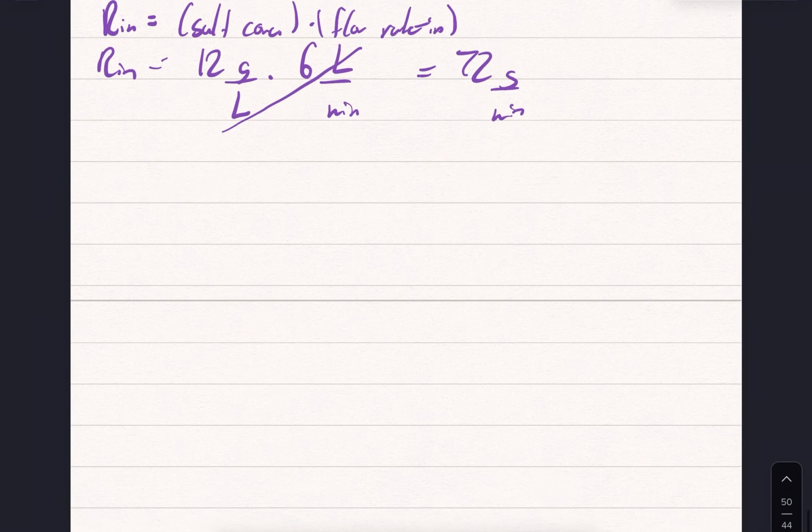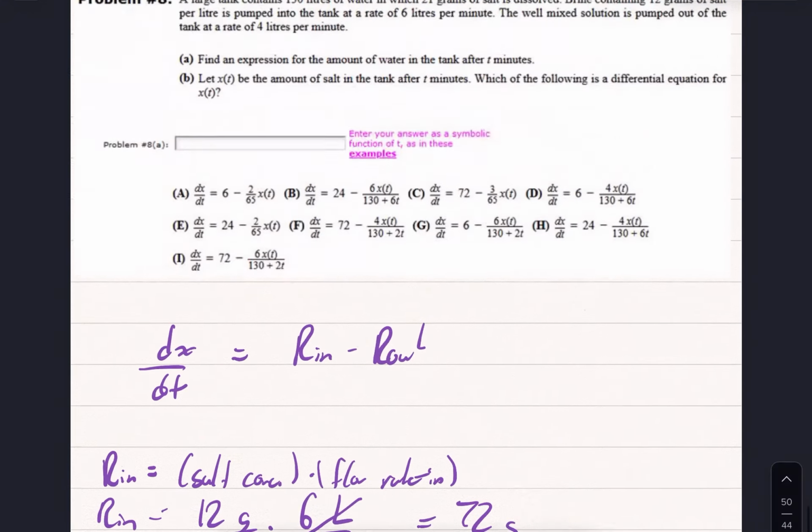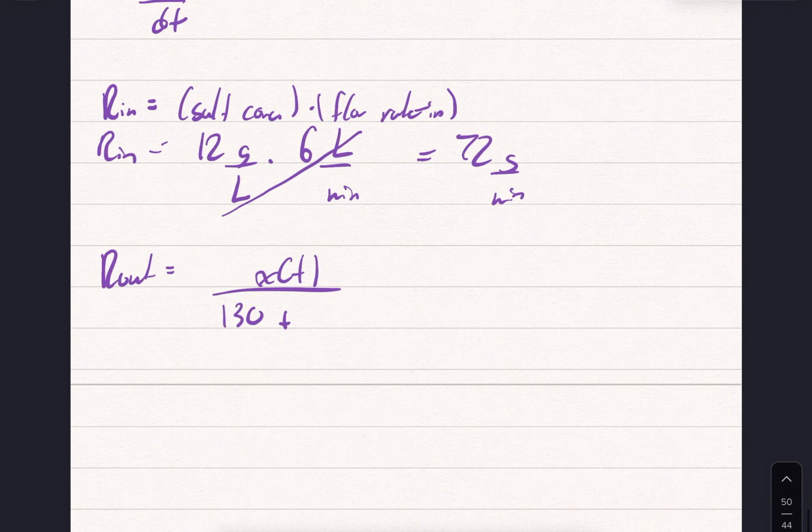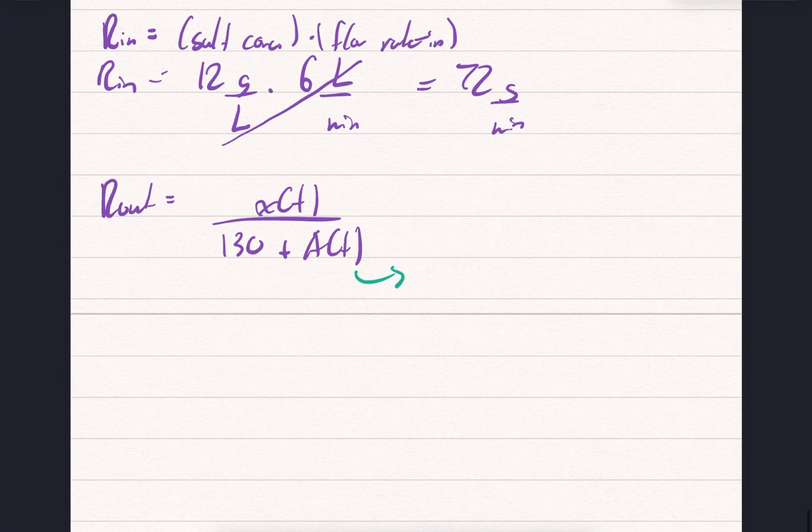All right, now the rate out is what's important. X as a function of t over 130. This is the amount of water in the tank. So rate out plus A at t. And this value right here, okay, is the net added or removed after t minutes.